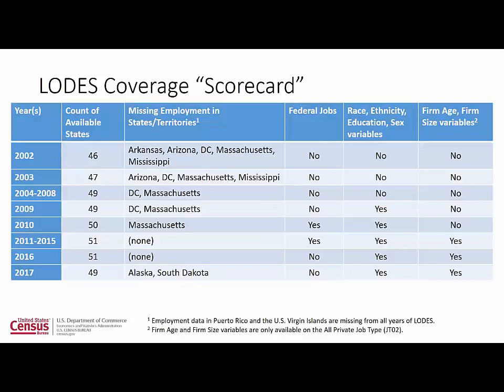If you're looking to make sense of all these different coverage questions, like when are federal jobs available, what variables are available when, what states, this slide is a quick reference guide for that.